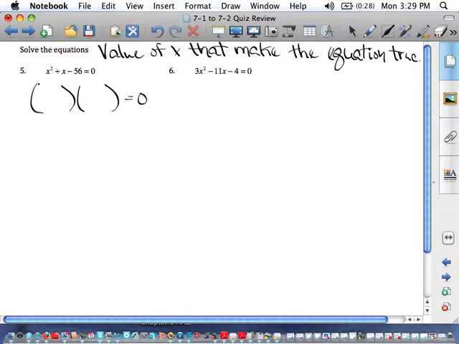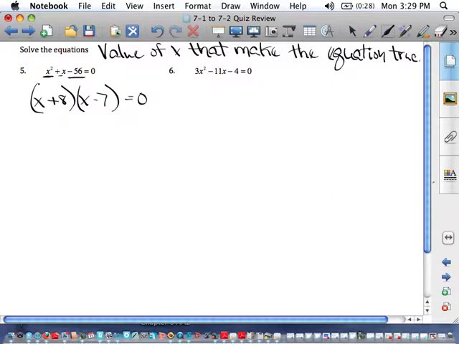If I want to get this first term, x squared, I would have to have x times x. If I want to get two terms that multiply together to equal negative 56 and add to positive 1, right here, it would be plus 8 and minus 7.